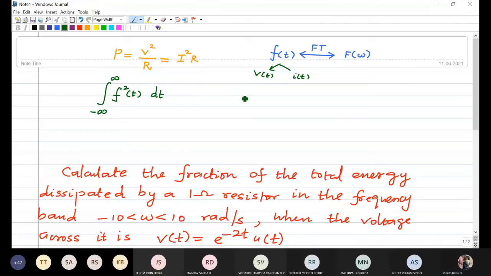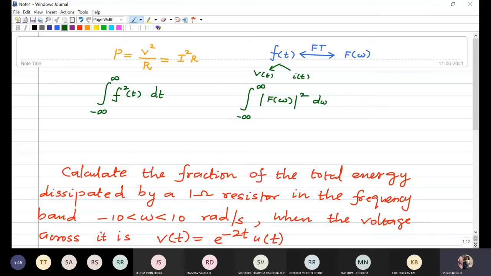Okay, in frequency domain, you will do the same operation with F of omega. You will not directly square. Why? Because this F of omega is complex in nature, so you take the absolute value and then square. Since this is in the frequency domain, you are integrating with respect to omega.